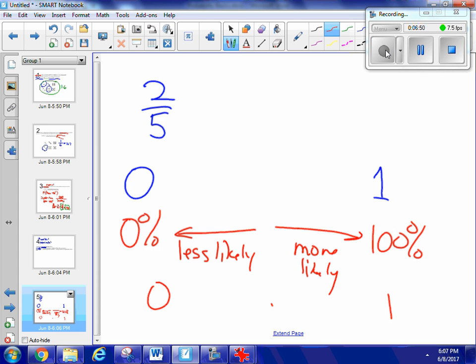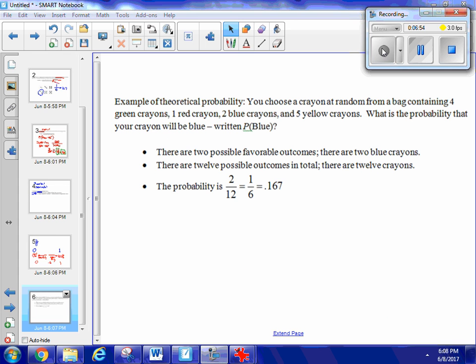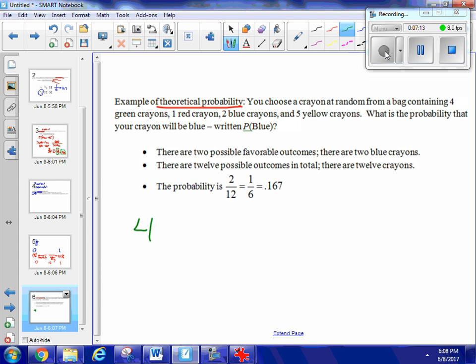So let's just walk through an example here. This example happens to be of a theoretical probability. I have a bag that has a bunch of crayons in it. Well, let's do them in color. I have 4 green. I have 1 red.